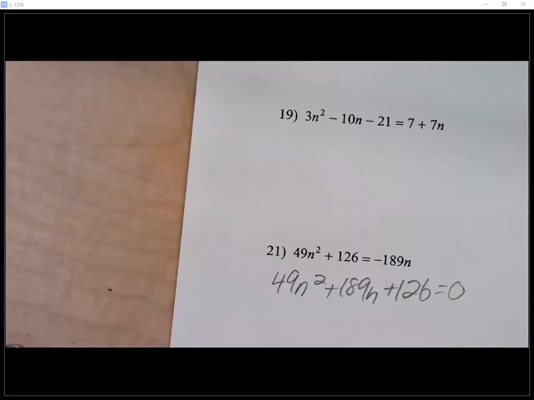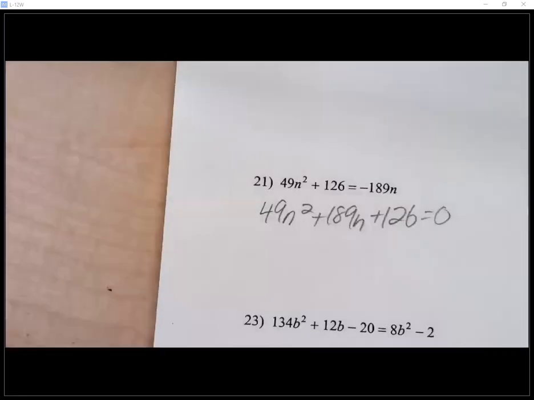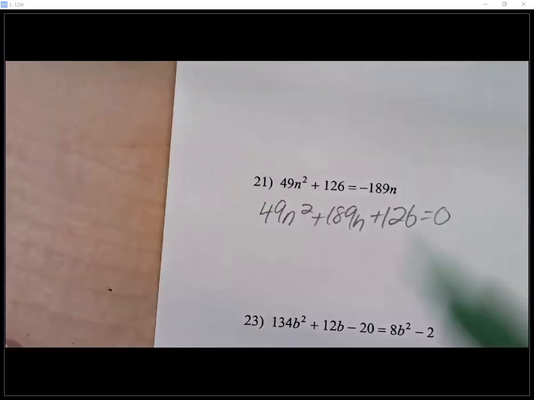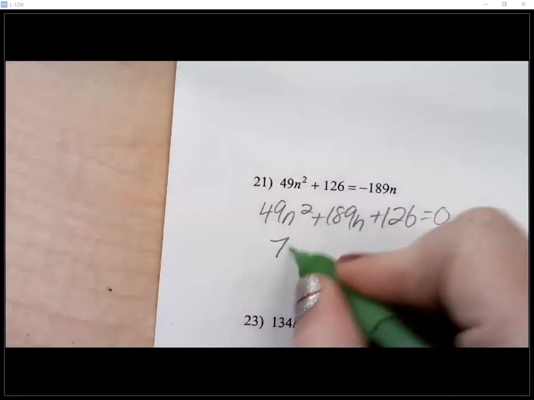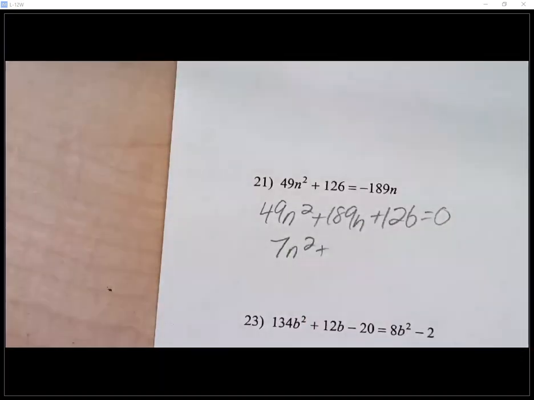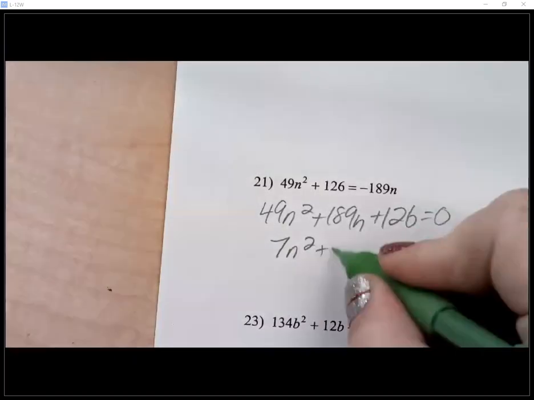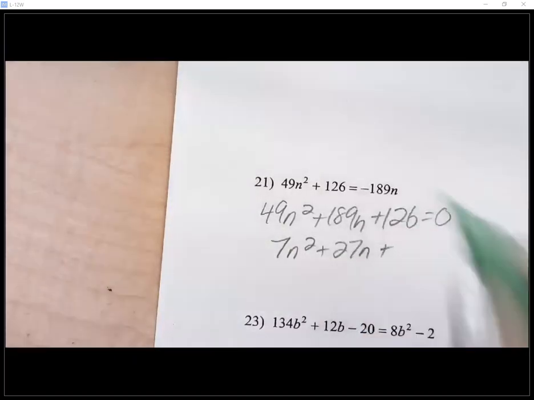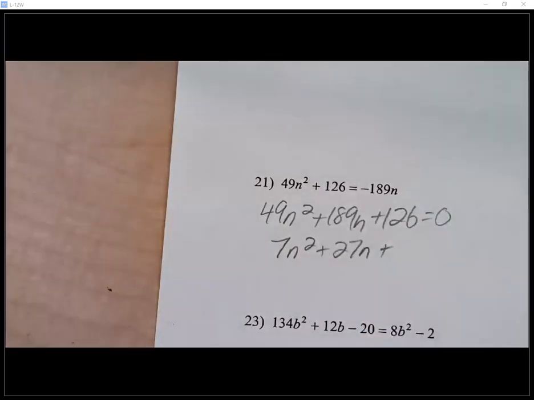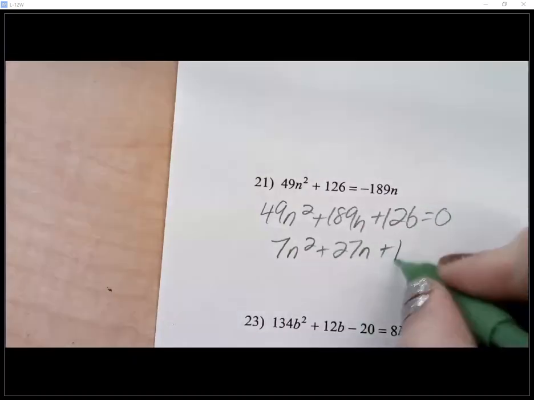If I am solving, I can divide both sides by a common factor. In this case, it sounds like 7. So 7n squared, 189 over 7 is 27. Okay, it's a little bit better.